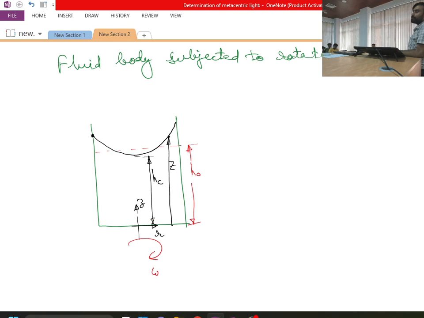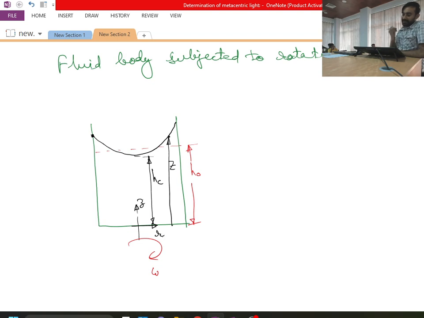Now in this type of situation, we have to determine the equation of this free surface. To understand this situation we can go into the cylindrical coordinate system. So r and z I have taken, and I will have another direction, the theta direction. Theta is nothing but rotating this cross section 360 degrees.